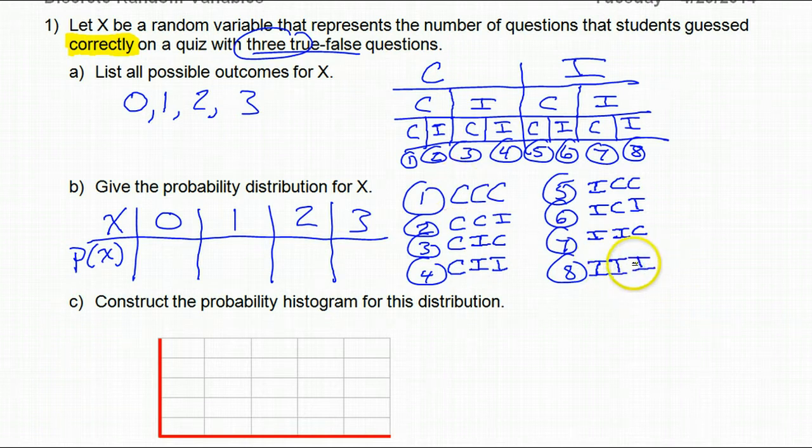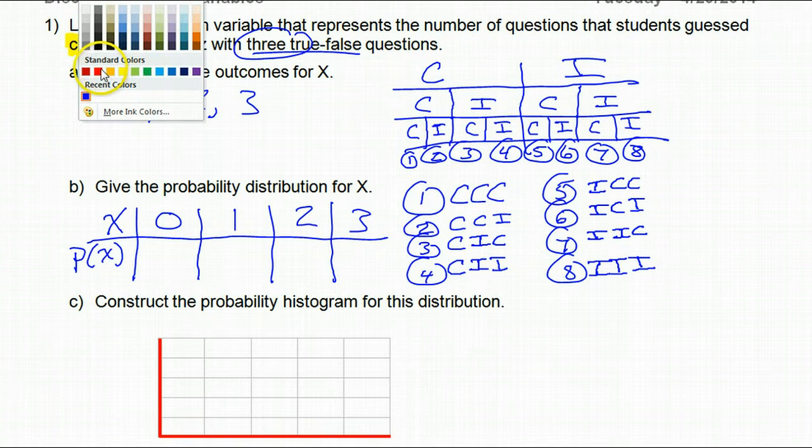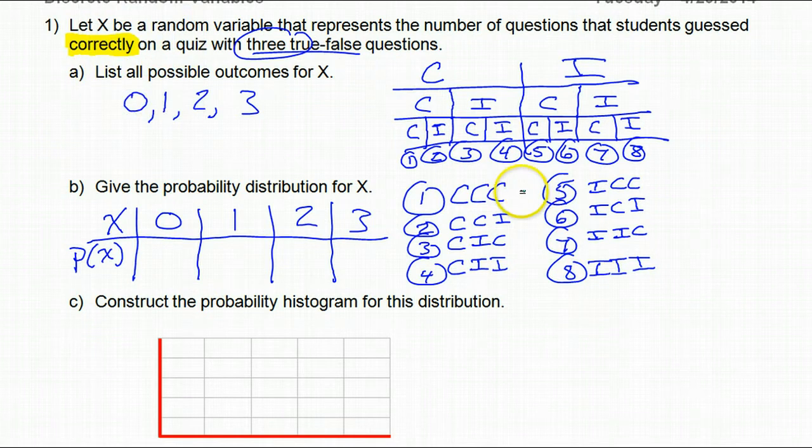Okay, these are the 8 possible outcomes in terms of which ones you get right and which ones you get wrong. Now in red I'm going to record the x value of each one of these, because remember, x is the number of questions that you guess correctly. So in outcome number 1 you get 3 correct.